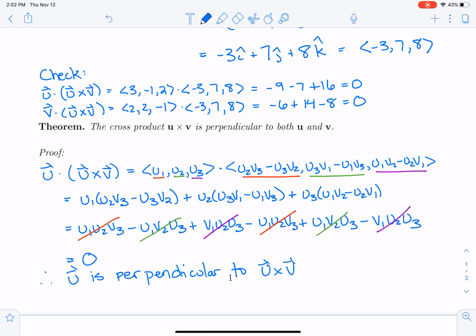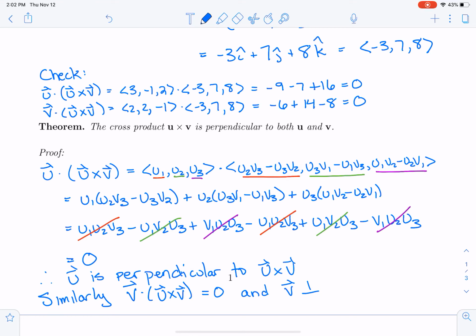So to finish this proof, we're just going to say similarly v dot u cross v is equal to 0. And v is perpendicular to u cross v. So you could do that on your own.